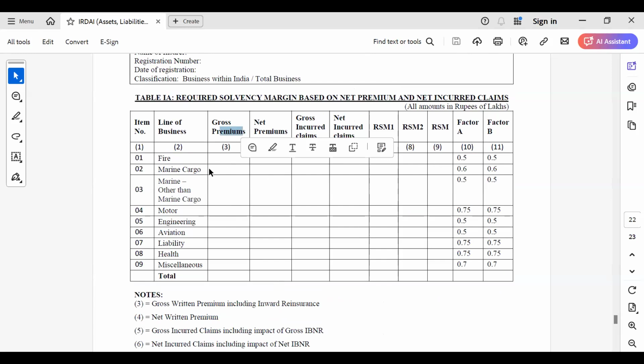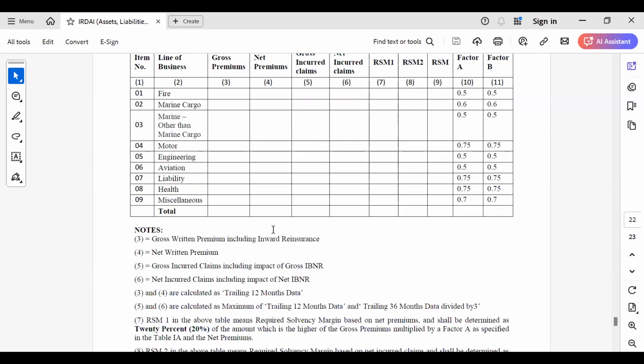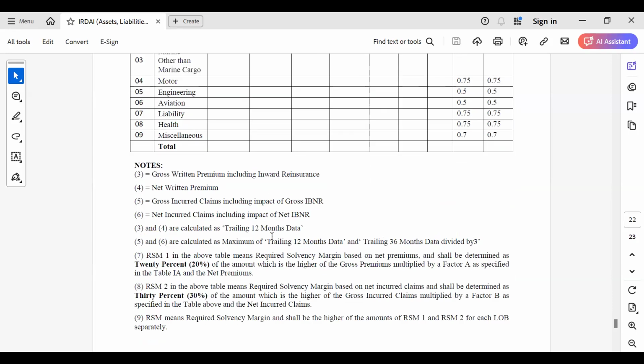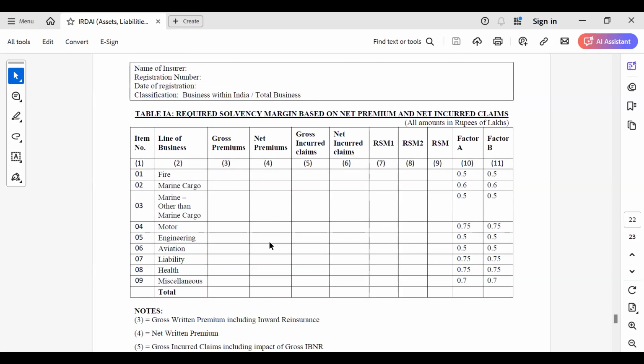We'll compare the factored gross premium and net premium, whichever is high, and 20% of that will be RSM1. Same thing, factored gross incurred claim and net incurred claim, whichever is high, 30% of that will be RSM2. The higher of RSM1 or RSM2 will be the RSM of the particular LOB. And ASM divided by RSM will be our solvency margin.